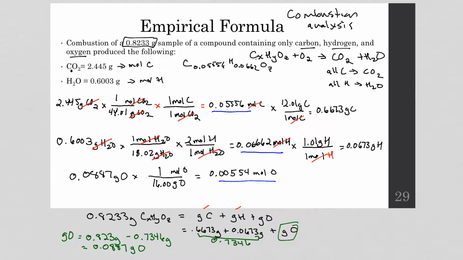Now, not quite done yet, because again, now I could fill this part in, so I have these, but just like I did with my empirical formula, I have to go through that process of dividing them each by the smallest one.